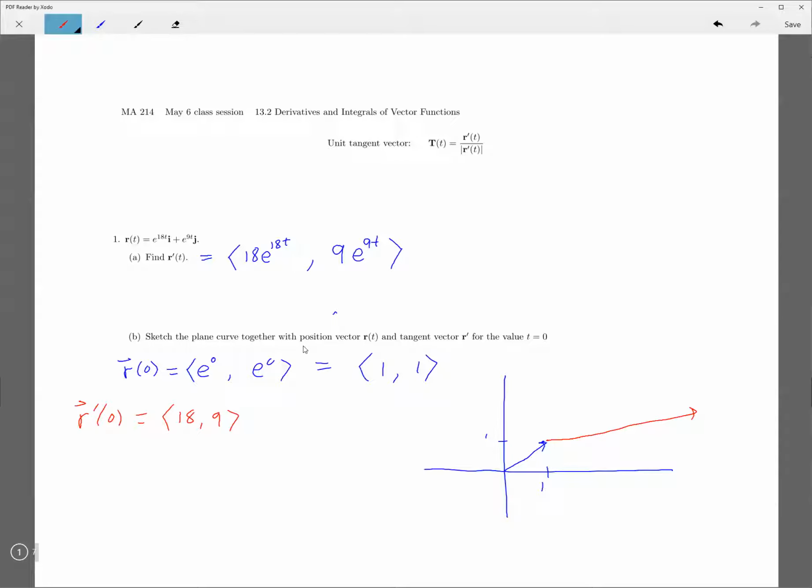And the curve, if you look at the curve here, this is your equation right here. You try to find some kind of relationship between those. This first one, e to the 18t, is actually e to the 9t all squared.